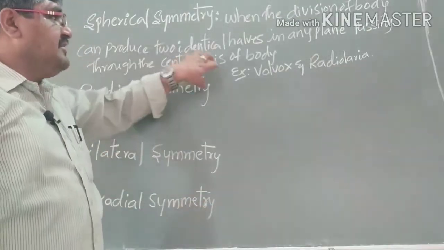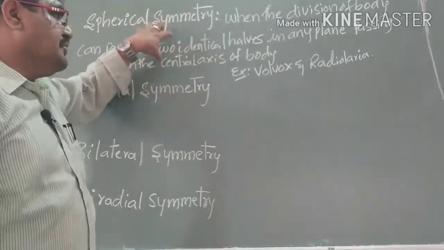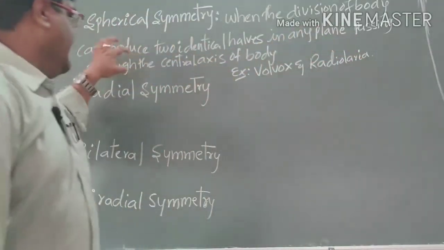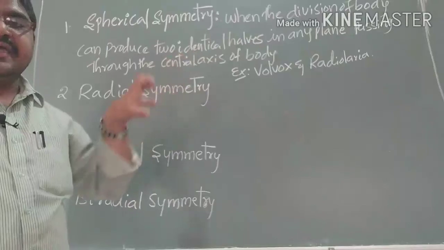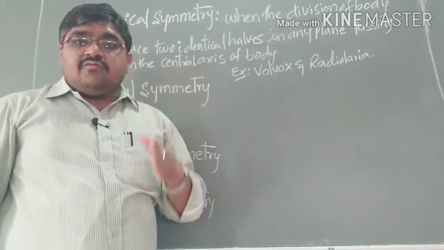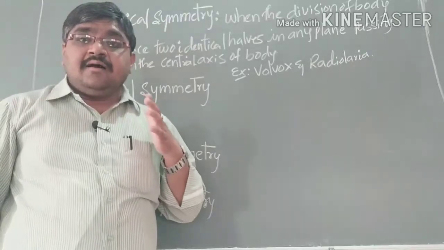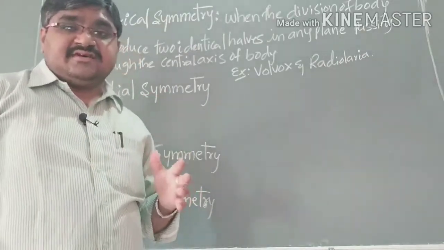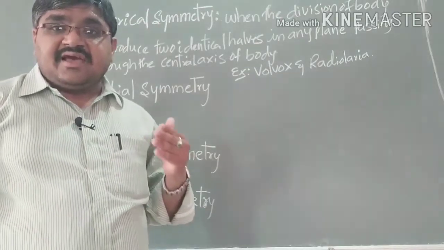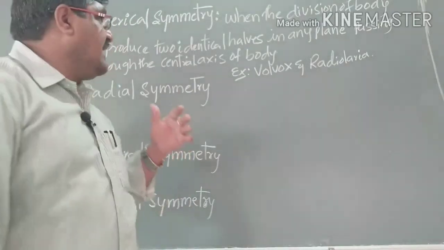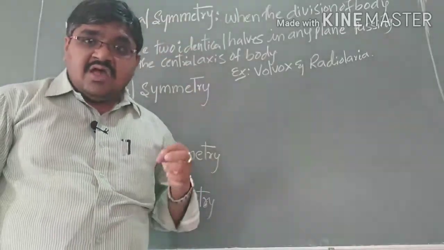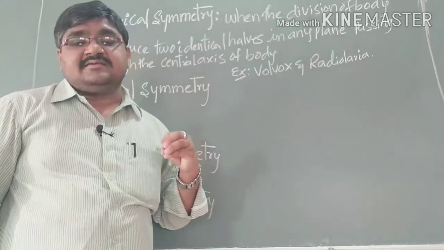So when the division of the body can produce two identical halves in any plane passing through the center axis of the body, such symmetry is called spherical symmetry, or a universal symmetry.